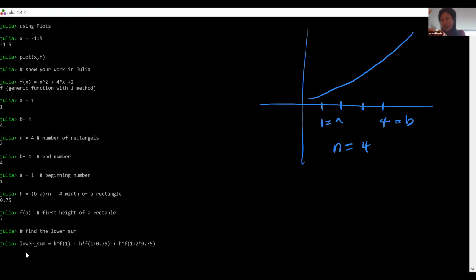That's your second rectangle. And then now what do you do? H times F of 1 plus 3 times 0.75. So you got all 4 rectangles. So they gave you the answer, 4715. So this is what we just found.